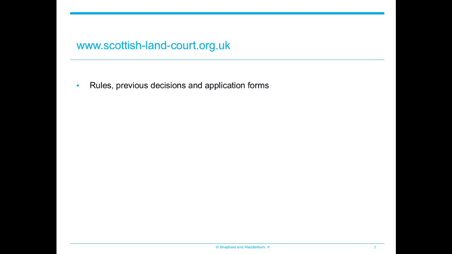It contains full details of important previous decisions of the court made since 2007, and it sets out the application forms which must be used when making an application to the court, and it has a specific form to be used in relation to an appeal under the 2015 regulations.